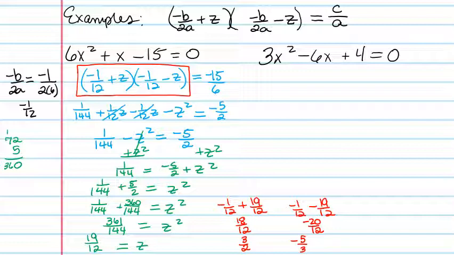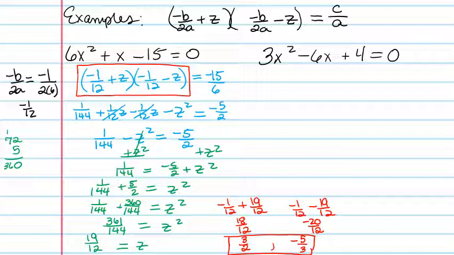There we go. Those are my answers. Negative 5 over 3 and 3 over 2. And this one factors. And so this one would have probably worked a whole lot faster and a whole lot easier if you factored it. But I did want you to see one that was factorable.